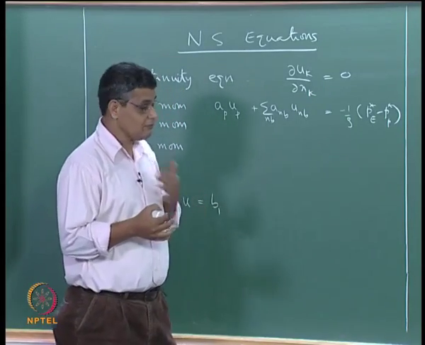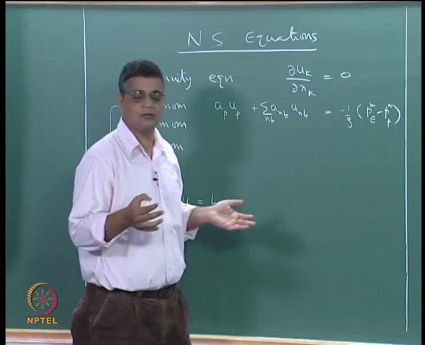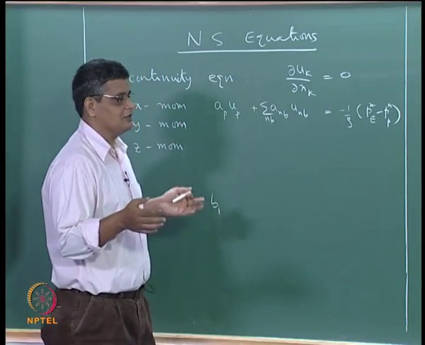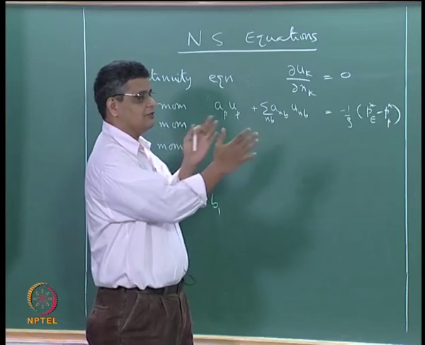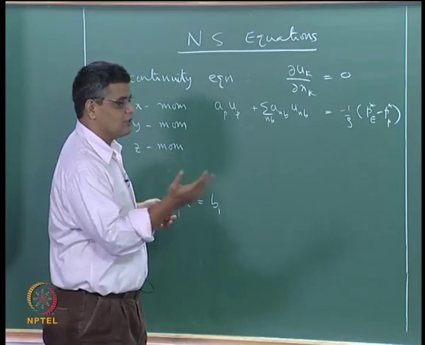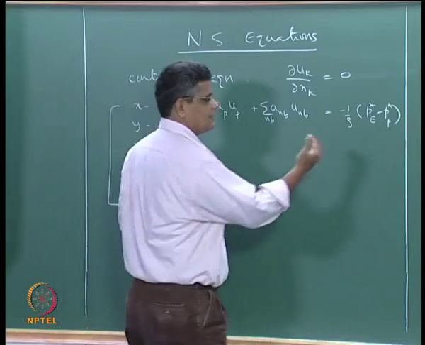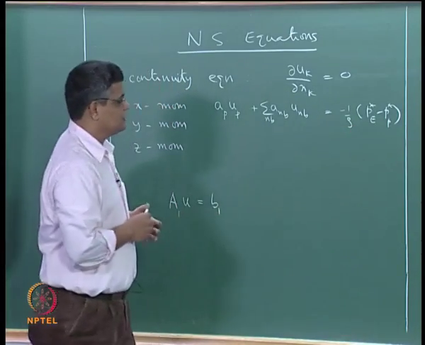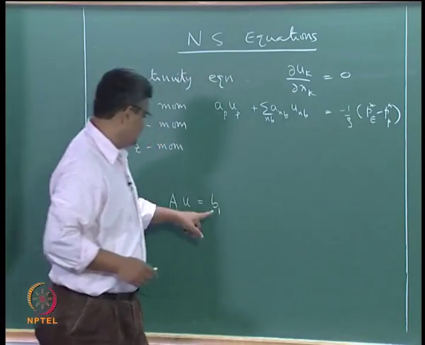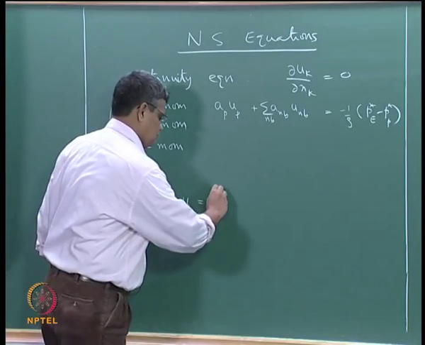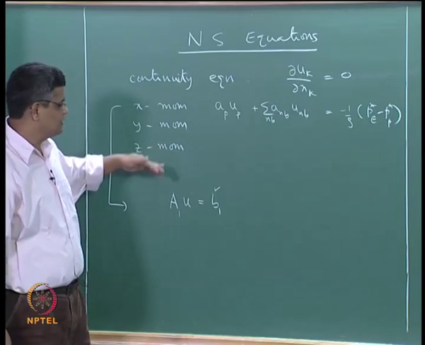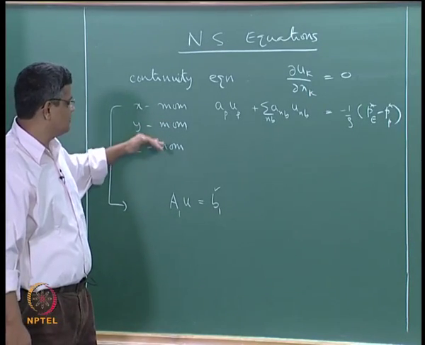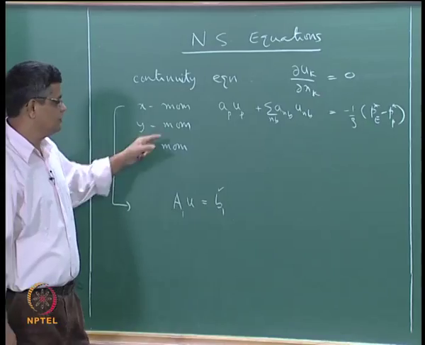You may start with 0 or 1 or whatever it is, or you can take the inlet estimate and outlet estimate of the pressure and do a linear interpolation. So whatever it is, you start with a guessed pressure field here, and once you specify the guessed pressure field, then B1 is known, and A1 is already known from some sort of linearization with some assumed values of u and v.